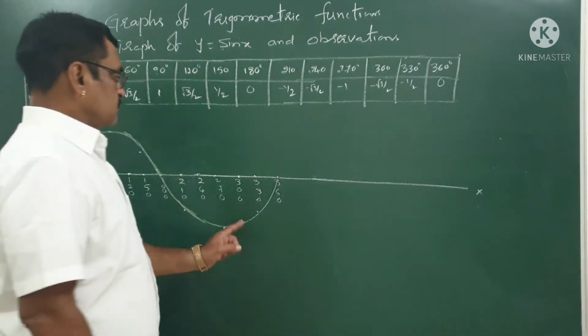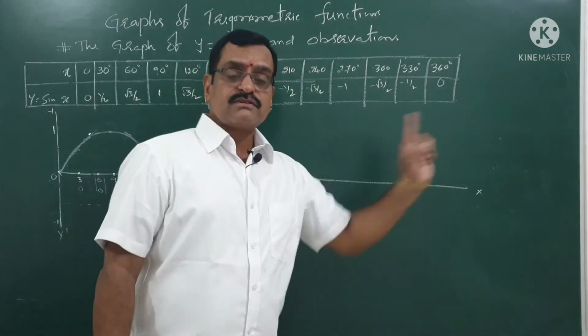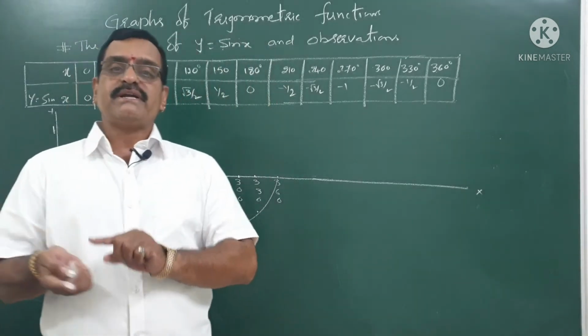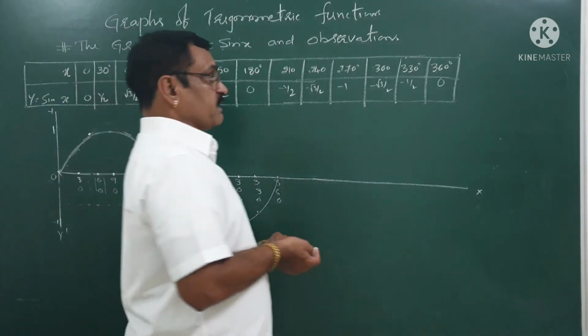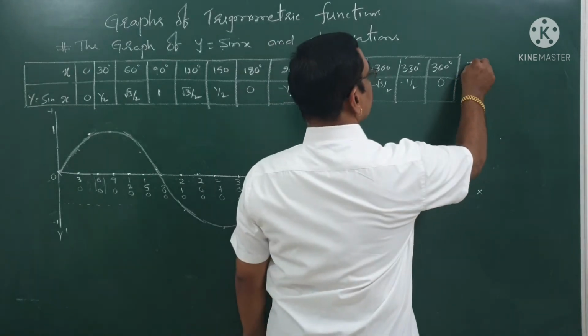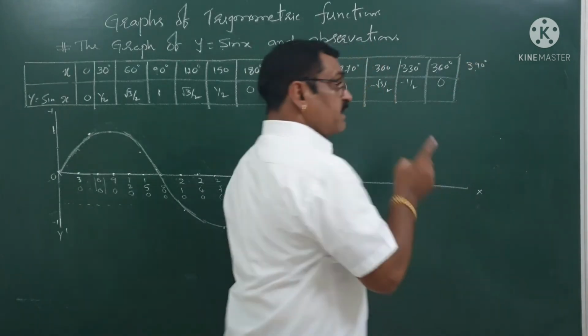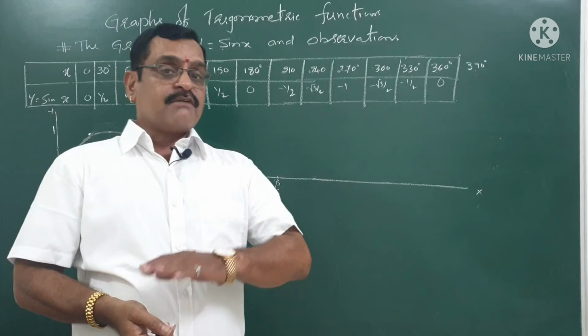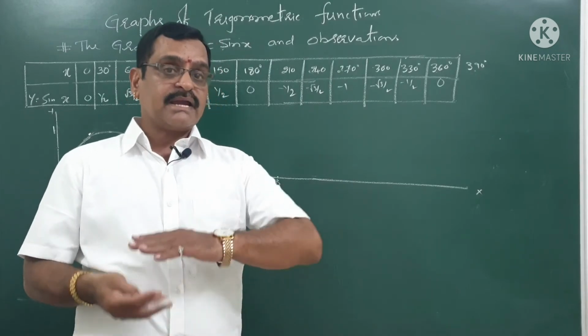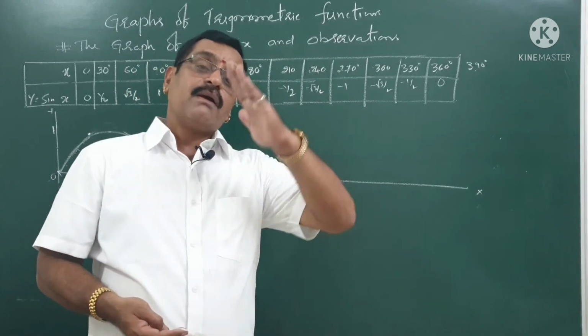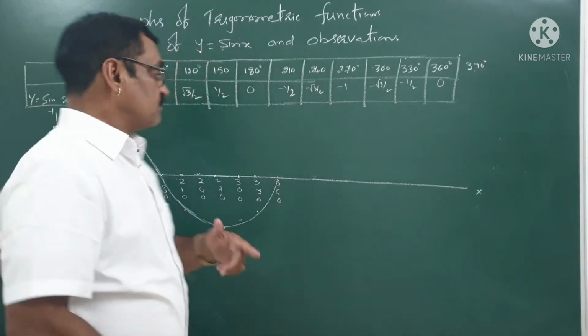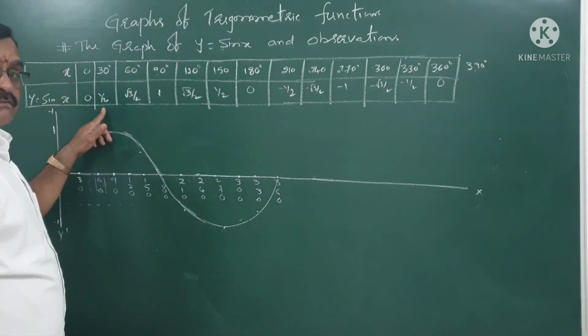Now 0 to 360 means one rotation completed. Suppose I take 390 degrees. The graph completed one rotation, and again entered the first quadrant, making an angle of 30 degrees. That means we will get the same half.